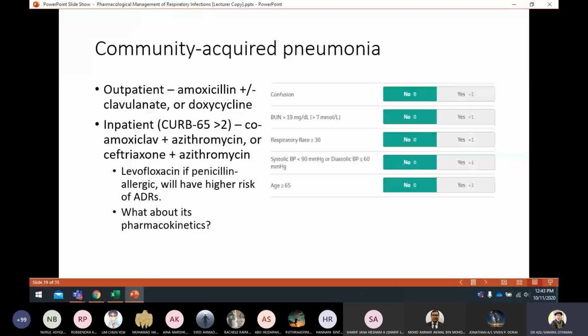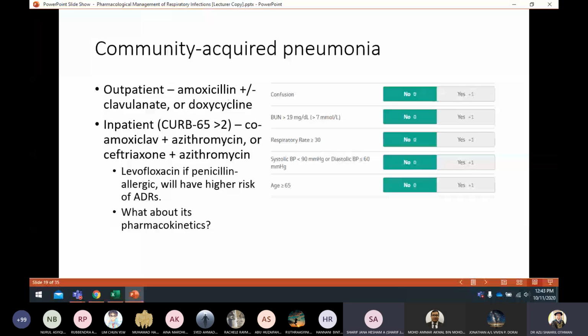So never take quinolones together with multivitamins, because you might impair the absorption, and once you impair the absorption, you will not get the absorption that you need to exert the actual efficacy that you intend to.